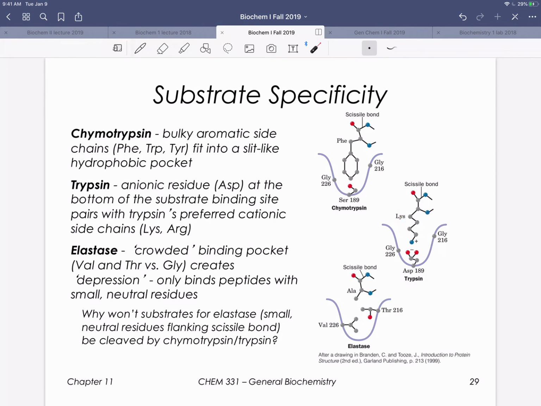And again, for chymotrypsin, we've got this slit-like pocket that's going to form intermolecular forces with these aromatic residues. We're not going to be able to do that. We're too small to make these interactions or to fit in that slit-like pocket. So we can't have that enthalpic compensation with these small residues. So just like our basketball and baseball analogy with our potassium channel, we see the same sort of thing here.